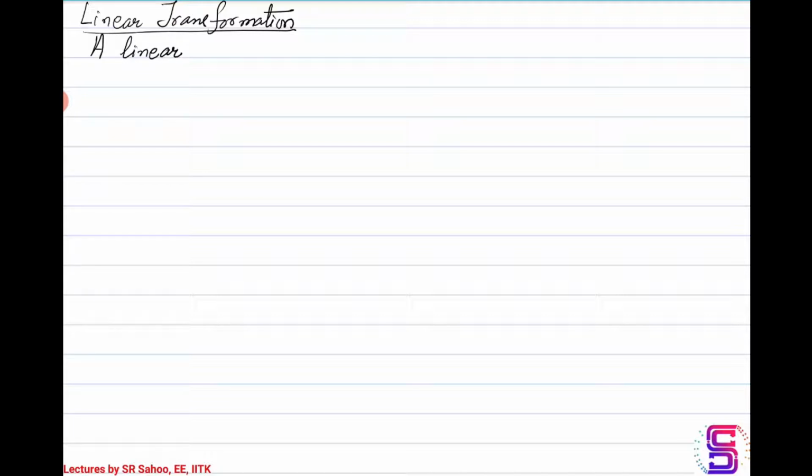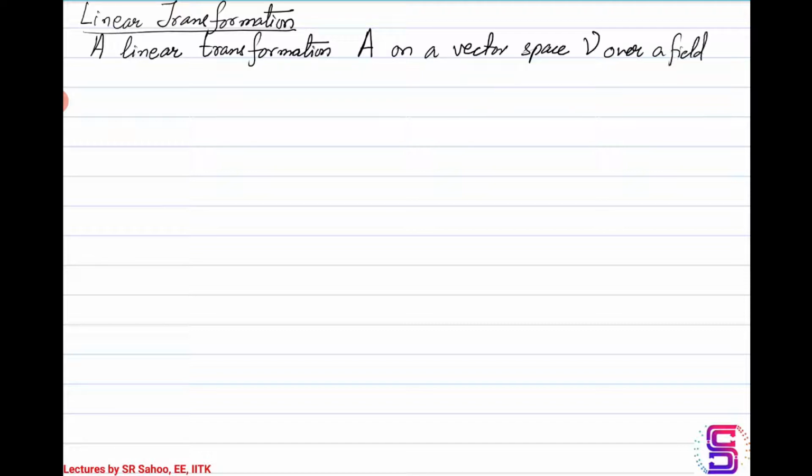Okay. So, the formal definition goes as this: a linear transformation, which we will represent by A, on a vector space V over a field F is a correspondence.